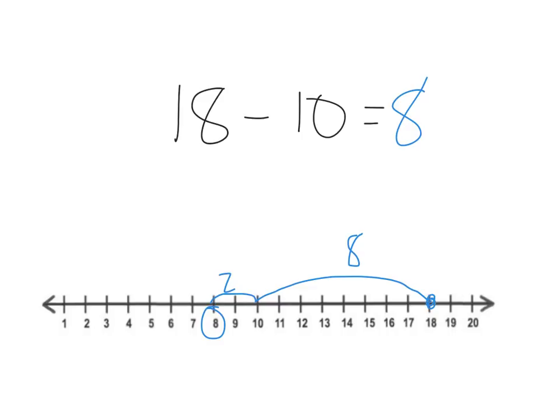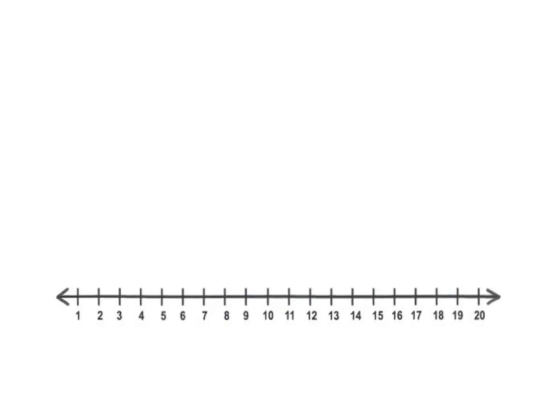You can sit here and count back on the number line each jump, but knowing how to get to a 0 and what that is will help you. Let's look at 13 minus 5.